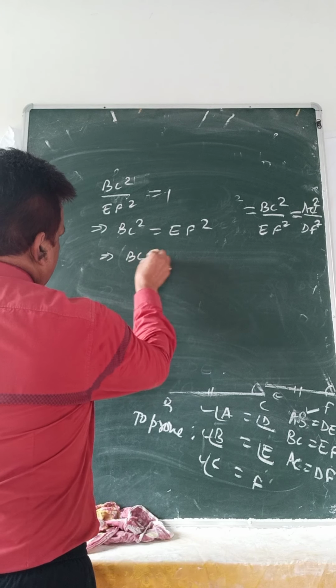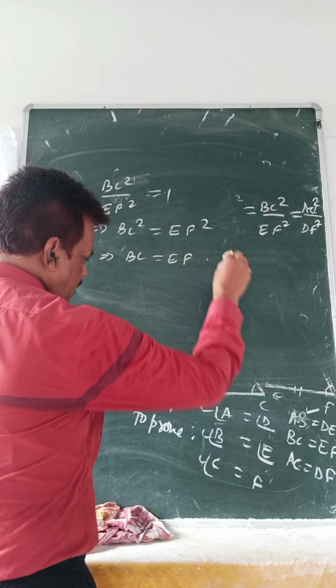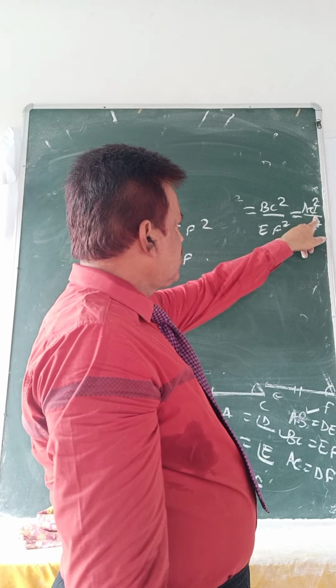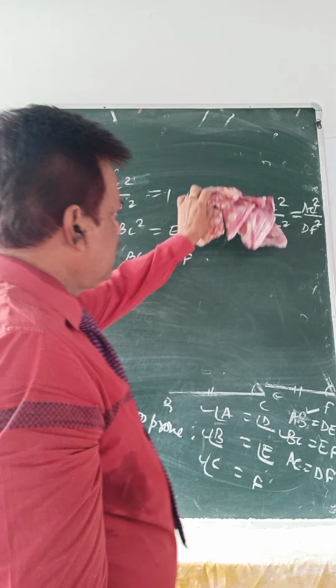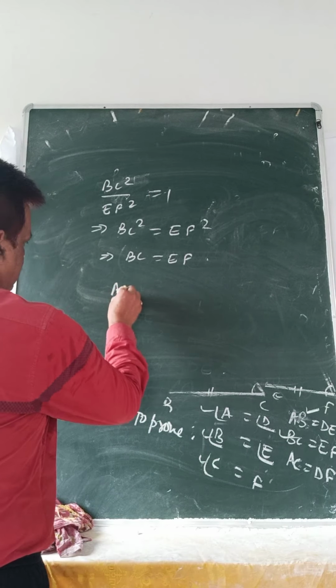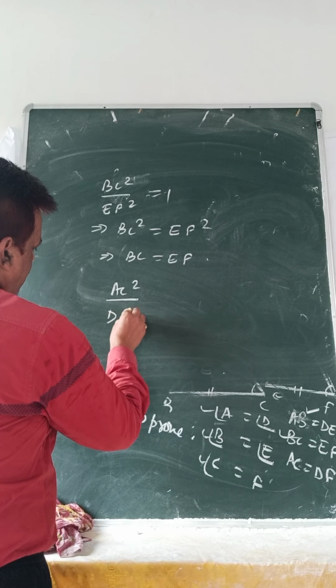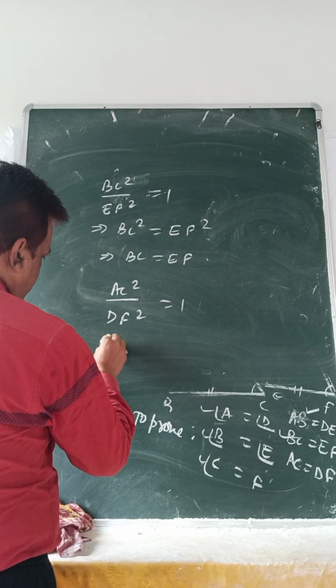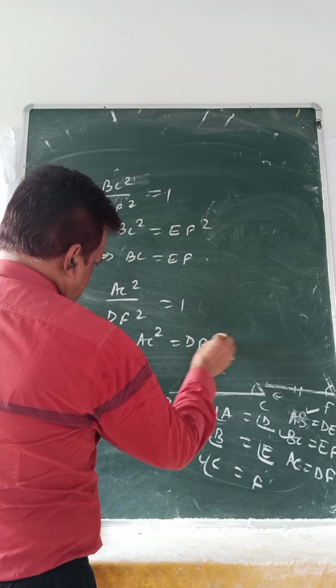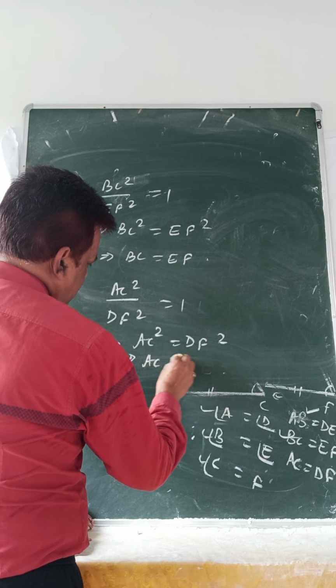BC is equal to EF. See why it happened? Then the third one is also equal to 1. AC square by DF square is also 1. Implies AC square is equal to DF square. Implies AC is equal to DF.